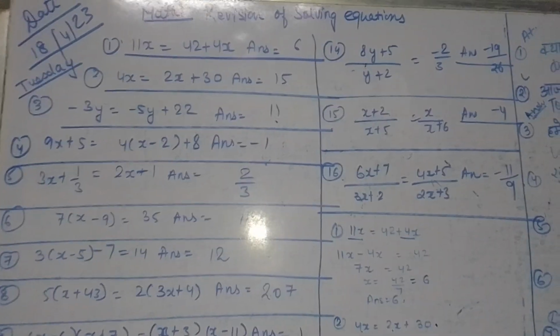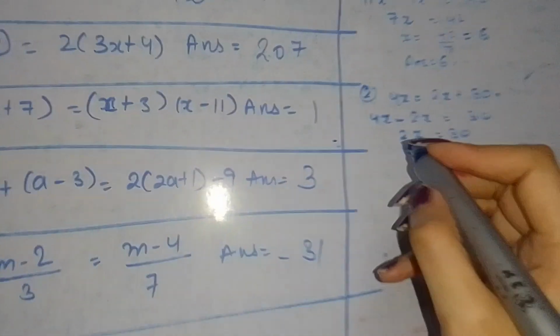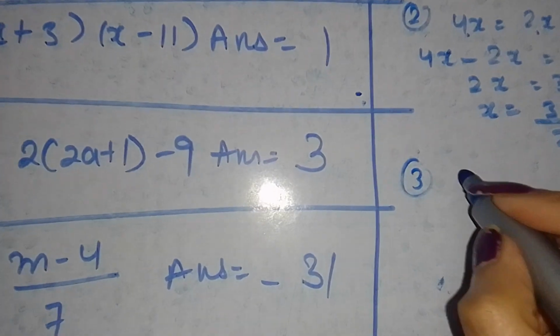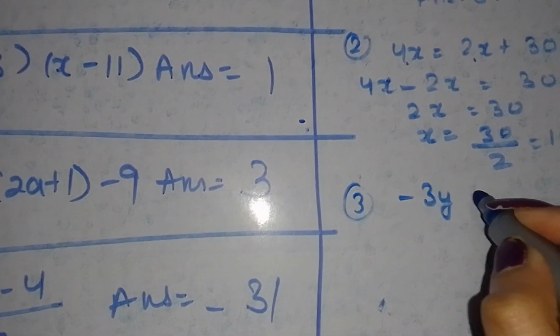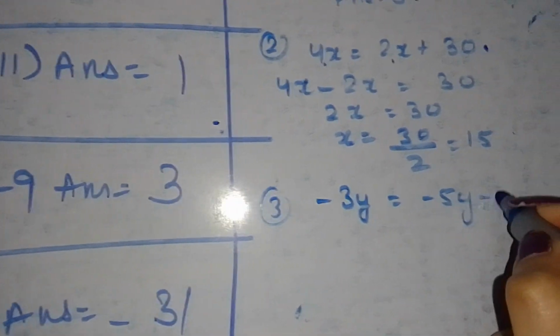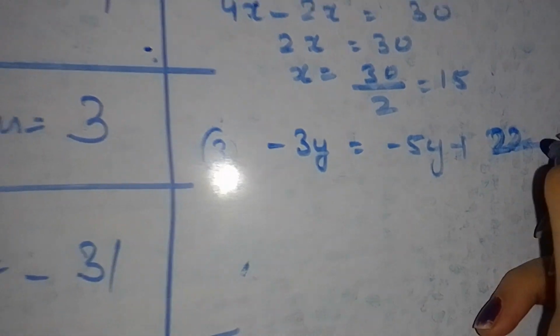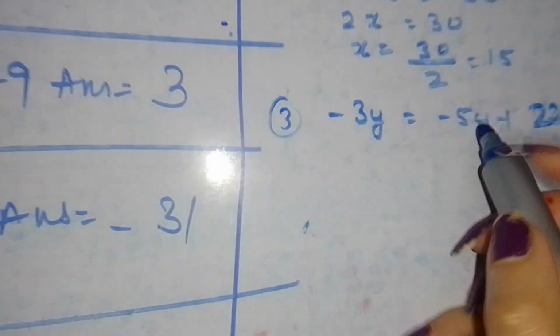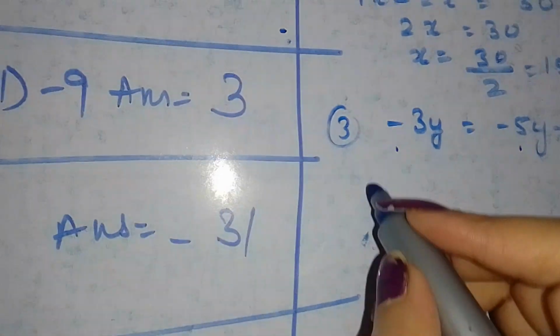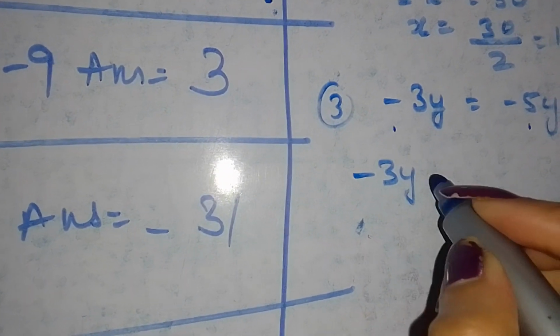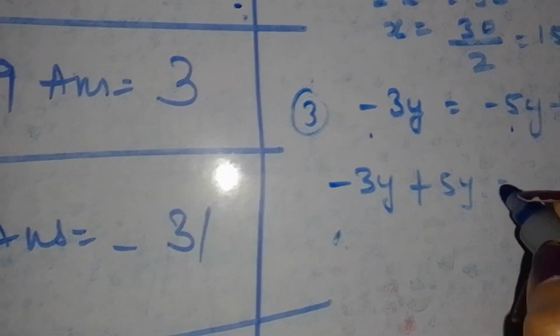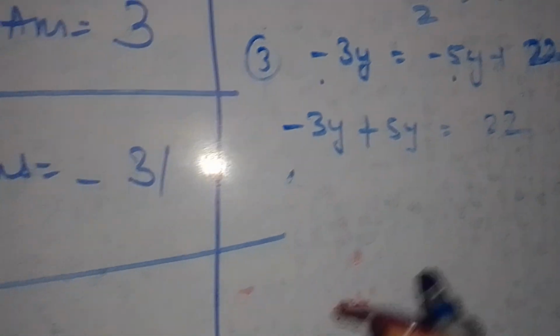Then the third one is minus 3y is equal to minus 5y plus 22, right? This marker is not working properly. It is minus. When it comes here, it will become positive. Minus 3y plus 5y is equal to 22, right?